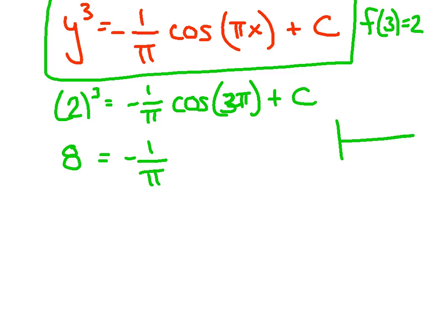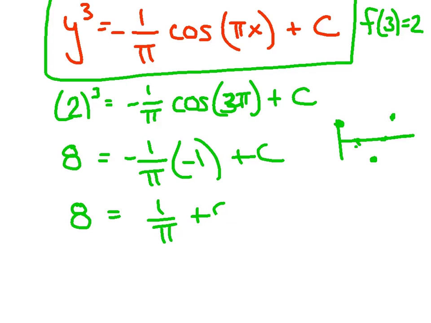Don't get stuck on this, just picture your cosine graph. Okay, it goes 1, 0, negative 1, 0, 1. So that's 0, pi over 2, pi, 3 pi over 2, 2 pi. Now you get it to 3 pi. So 3 pi would be down here, which is going to be negative 1 plus c. So I've got 8 equals 1 over pi plus c. 8 minus 1 over pi equals c.